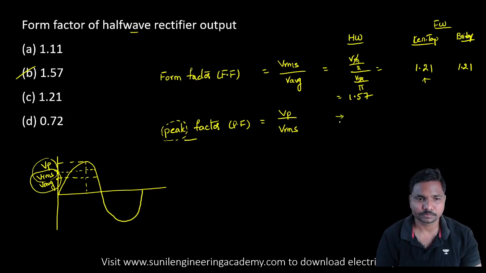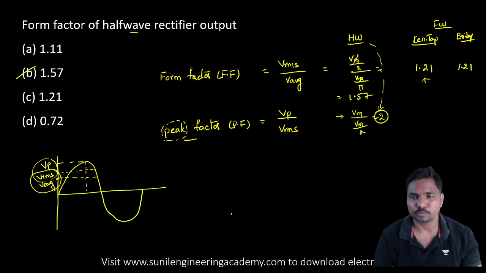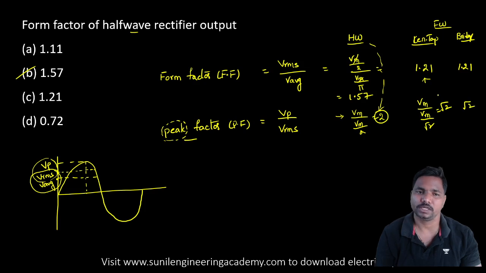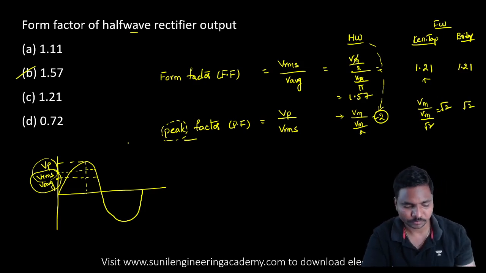The maximum value is Vm and VRMS is Vm by 2, so the peak factor is 2. So the highest peak factor we have is for the half wave rectifier output. In case of center tap, the maximum value Vm by Vm by root 2 gives root 2. Okay, coming to the next question.